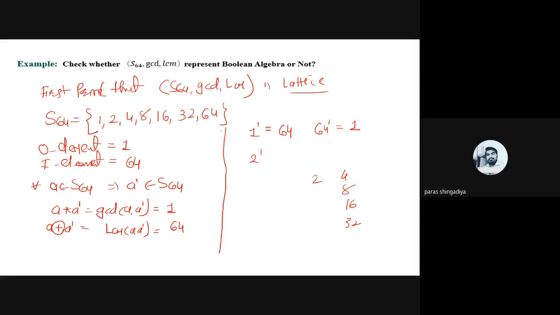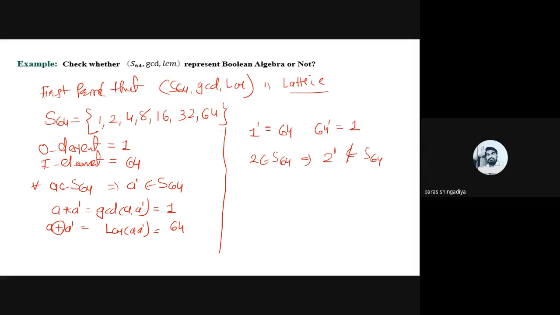Clear? Therefore, we cannot find a complement of 2. So for 2 belonging to S64, 2 dash does not belong to S64. Clear? We cannot find 2 dash, meaning a complement of 2.